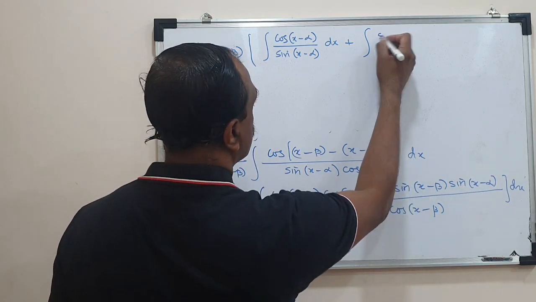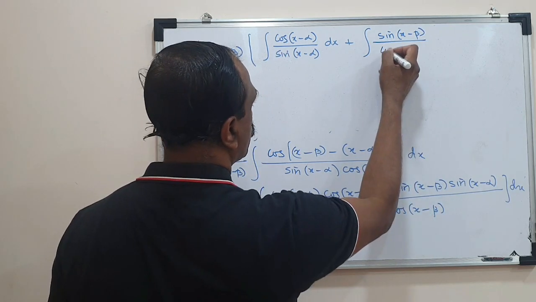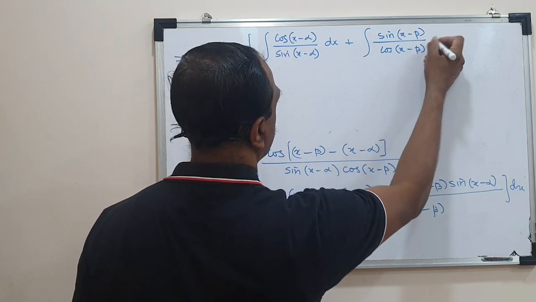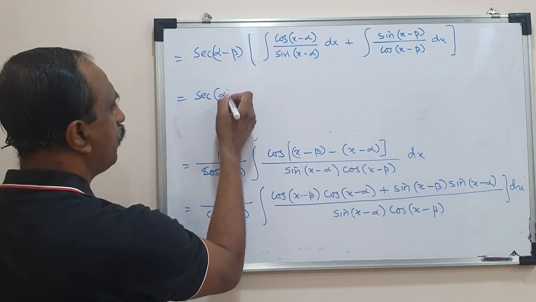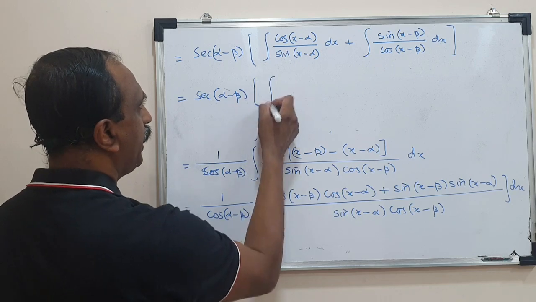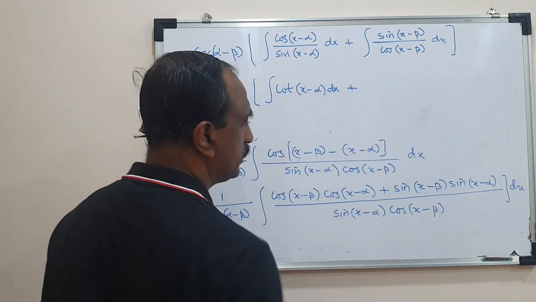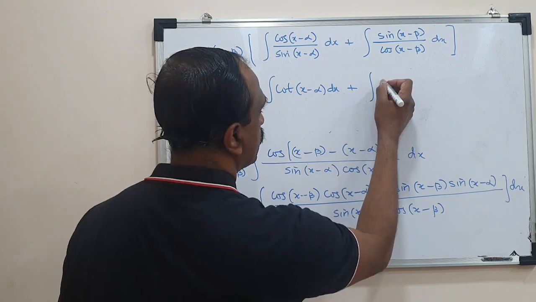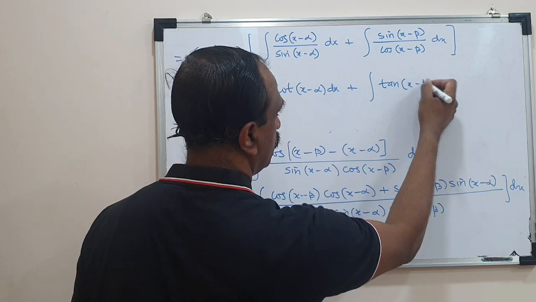You will have sine of x minus beta divided by cos of x minus beta. So that became sec of alpha minus beta into integral of cot of x minus alpha dx plus integral tan of x minus beta, or you may write directly log as the answer.